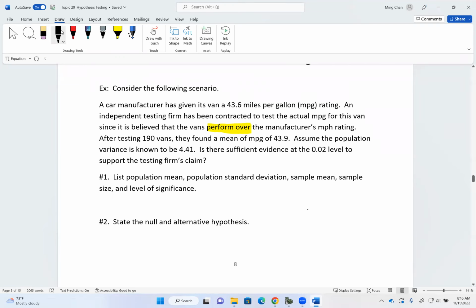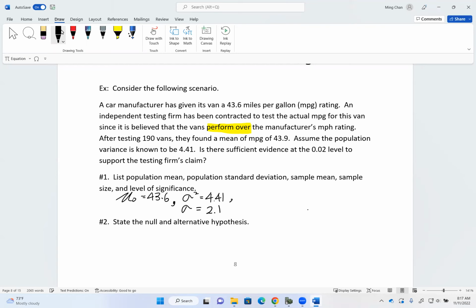All right, so let's list our information. Mu null is going to be 43.6. That's what the manufacturer claims. Sigma squared, the population variance, is 4.41. If I put that in the calculator and take the square root, then my standard deviation will be 2.1.